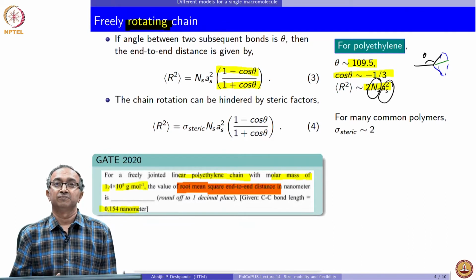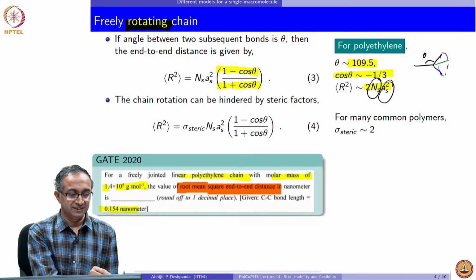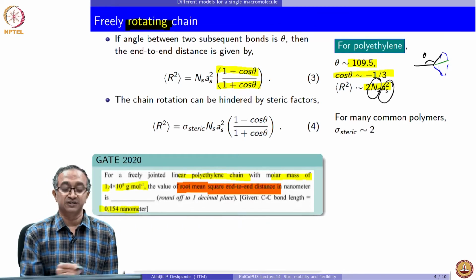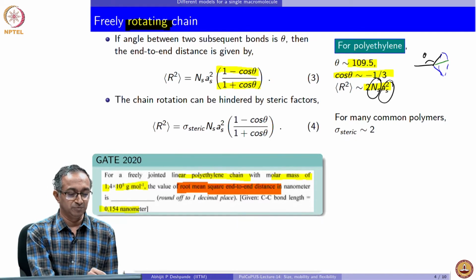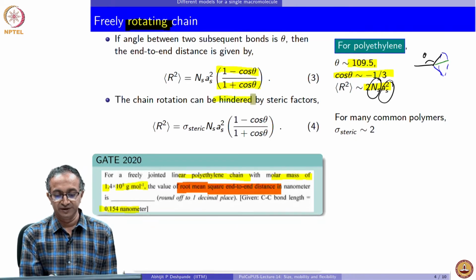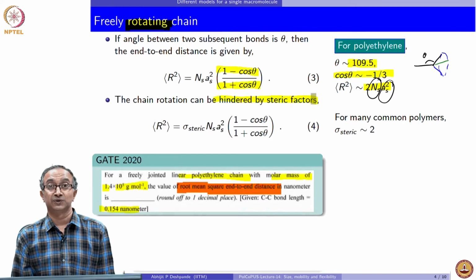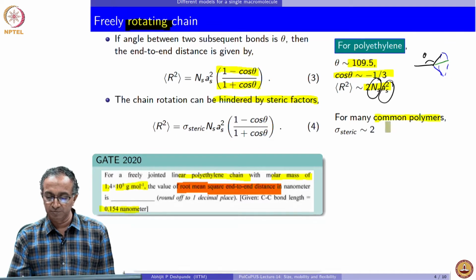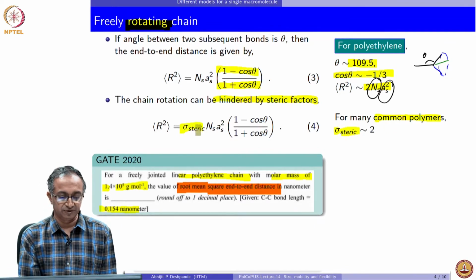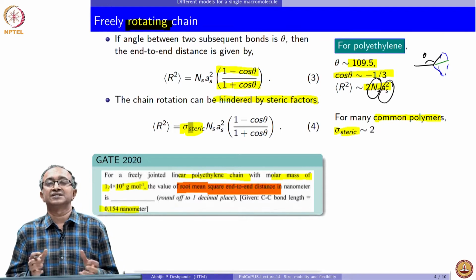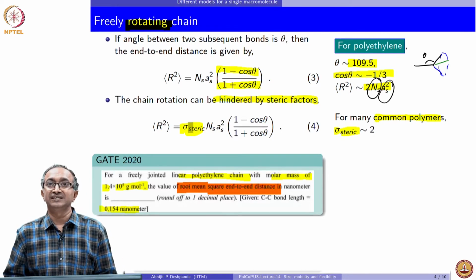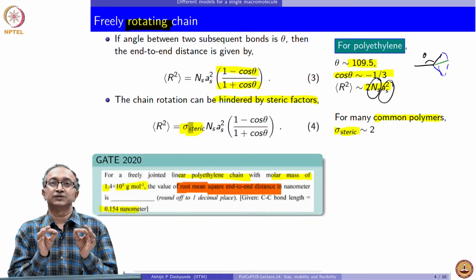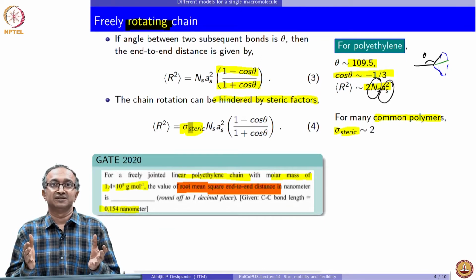Because of a bulkier group, quite often we will have steric factors, and again rotations which are possible may become more difficult. And so hindrance because of steric factors is also there. And so for many common polymers, we have a steric factor of 2, and therefore end-to-end distance is again higher. You can see that the ideal chain model shows Ns into As squared.